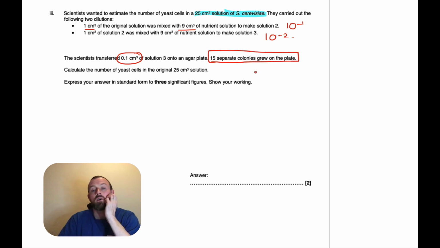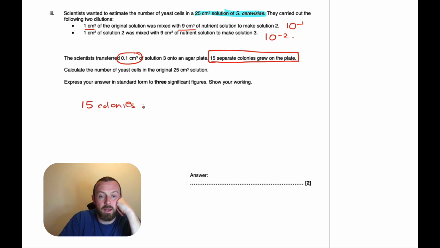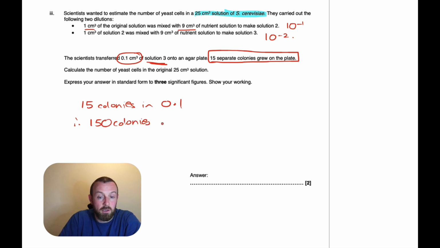Okay, so what does this mean? You've got to do a little bit of maths before you can get to the dilution. So 15 colonies in 0.1 of solution 3. Therefore, you would expect 150 colonies if it was 1 centimetre cubed of solution 3.